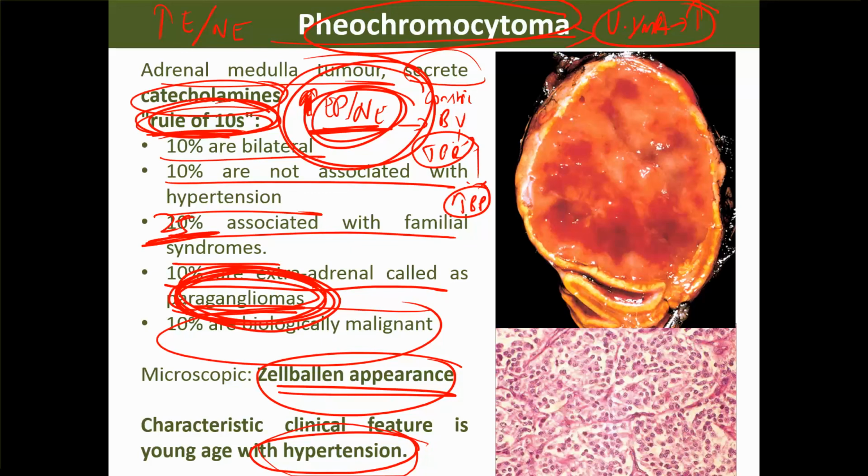When the adrenal gland is normal, there is increased urine VMA, and a young person has hypertension, then suspect extra-adrenal paraganglioma. If the adrenal gland shows a tumor and there is increased urine VMA, it is a clear-cut case of pheochromocytoma in the adrenal medulla. If the adrenal gland is normal on ultrasonogram, then you have to do imaging to look for any other tumor, which is called paraganglioma. Keep that in mind.